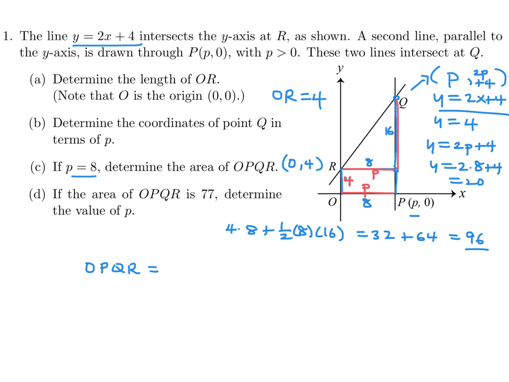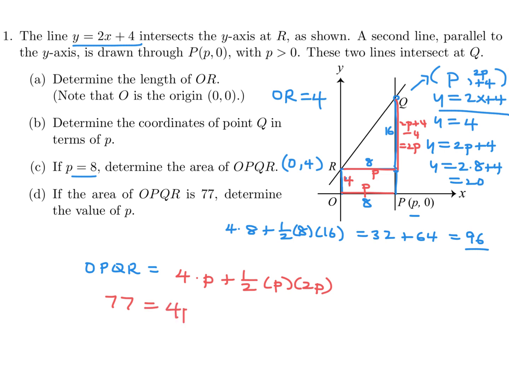And then from here to here would be 2p plus 4 minus 4, which is just 2p. So this would be 4 times p plus 1/2 times p times 2p, and they're telling me that is 77.